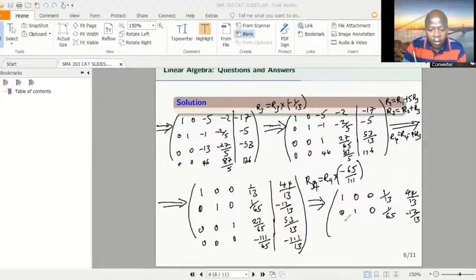The third row remains where it is. This is 27.